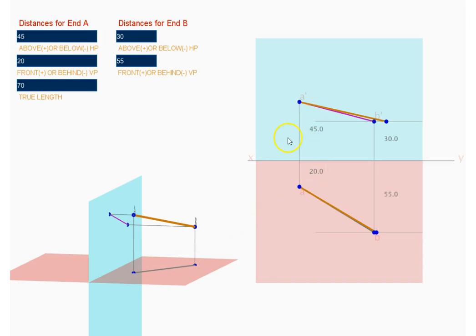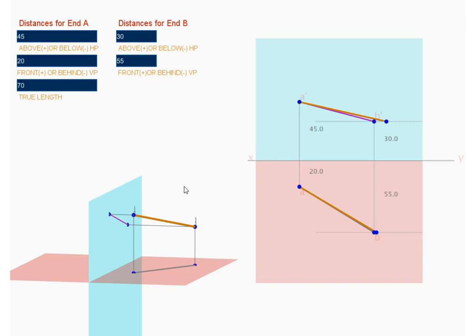You can see the corresponding 2D view with the XY line. This is the thing which we'll be constructing as part of our solution, and you can see the corresponding positions A dash, B dash, AB, etc. This is only to give you an idea how this is going to look.